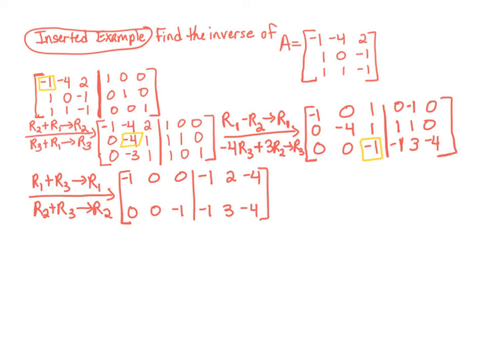Good. Now, with row 2, what do we have? We're adding row 2 plus row 3. You go. 0. Good.